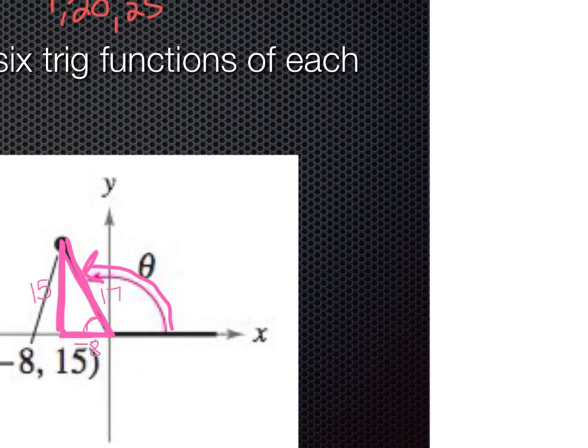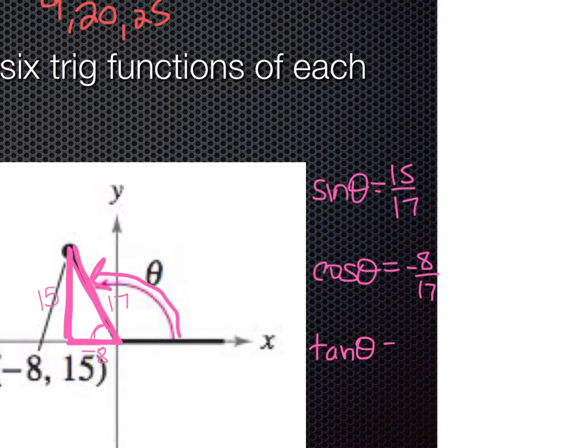So now sine. Opposite over hypotenuse, 15/17. Cosine. Adjacent over hypotenuse, -8 over 17. Tangent. 15 over -8. Doesn't matter if the negative's out front with the 15 or with the 8, as long as there's only one negative.